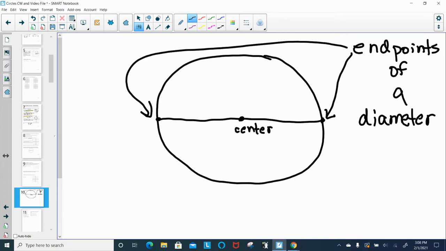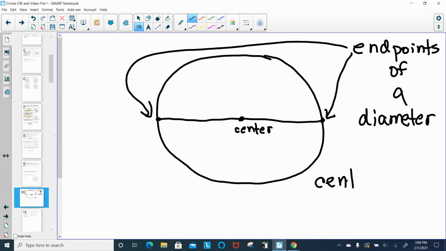So if we think about this for a minute, if the center is exactly the center of the circle, in the middle of the circle, when we're thinking about the diameter, how might we figure out the center point? And we did this back before Christmas. We talked about a special point that is in the middle.